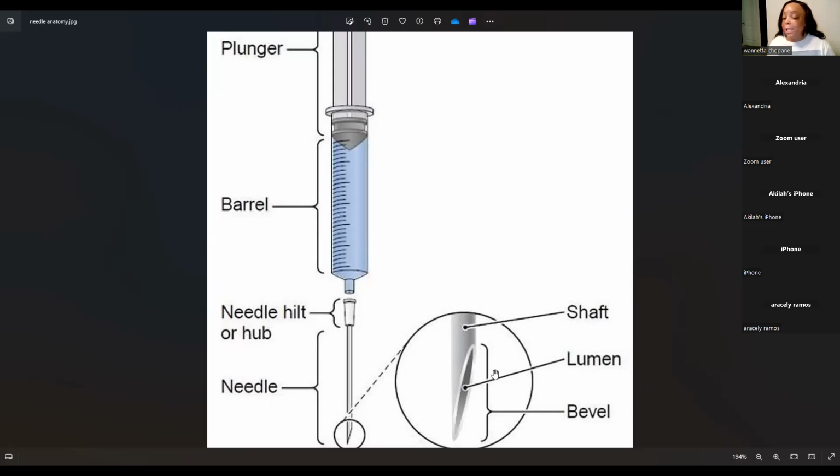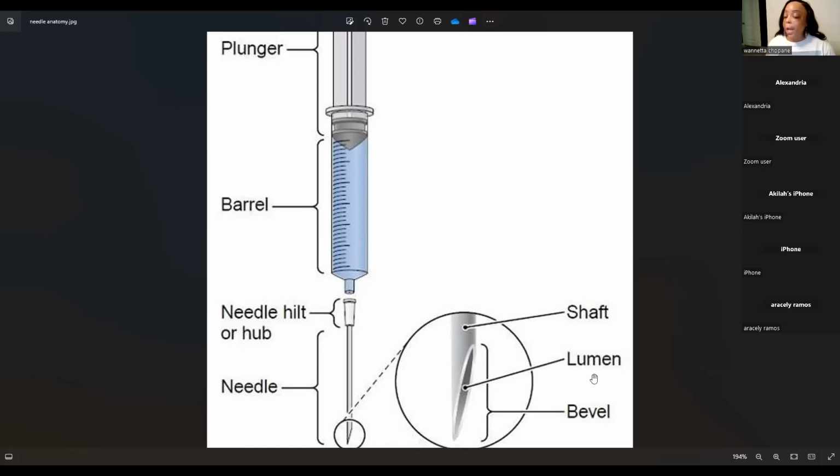So the lumen is the opening to the needle. How do you think, if you get a shot, the shot goes from the syringe into your muscle? If you're going to draw blood into the syringe, how is the blood going into the syringe? So it has to have an opening in the needle for those things to work, okay? So this opening is the lumen.